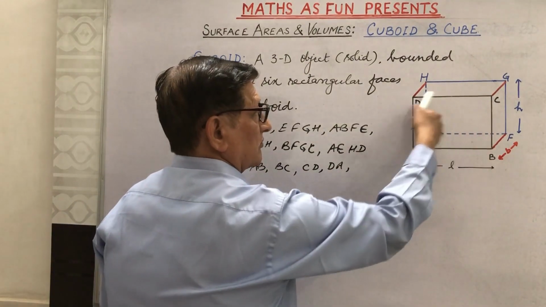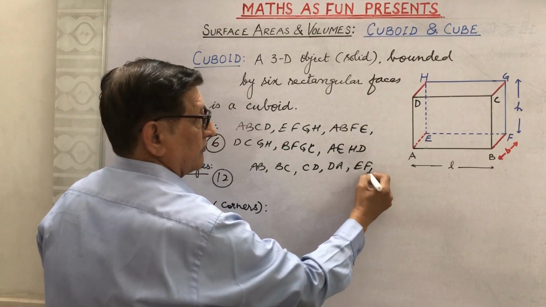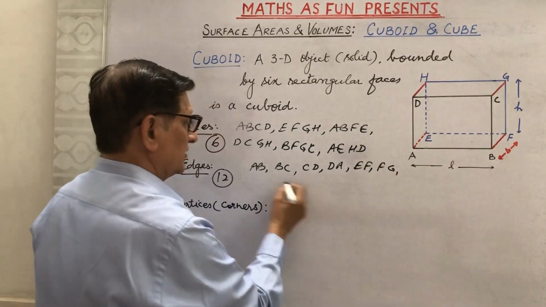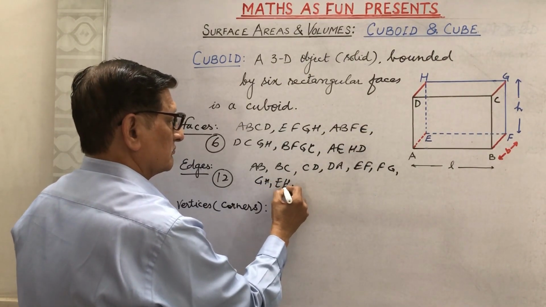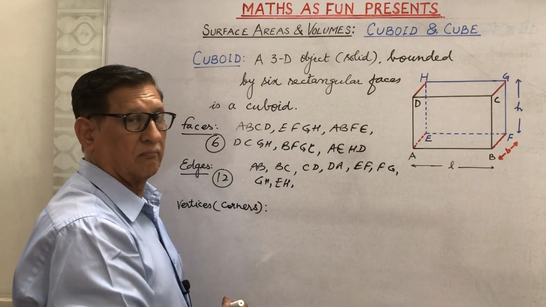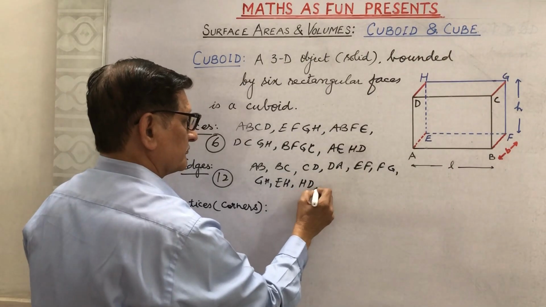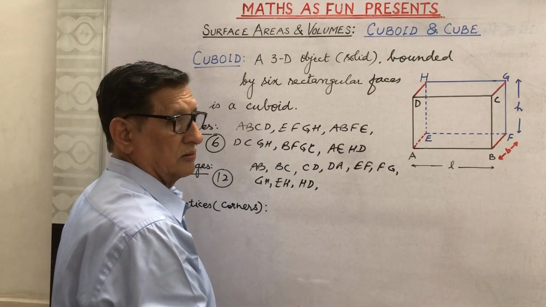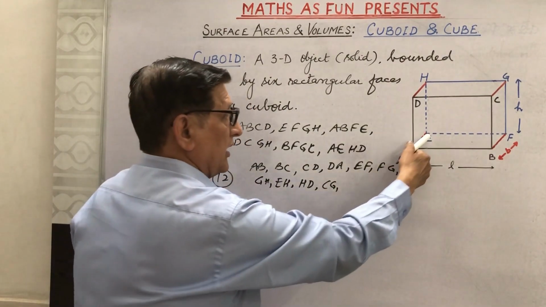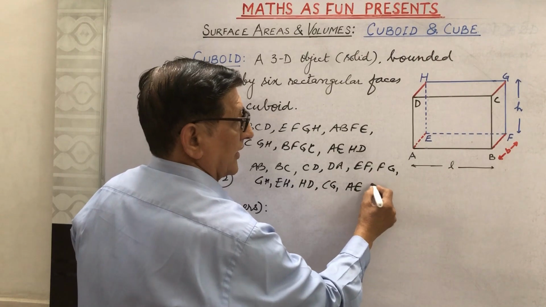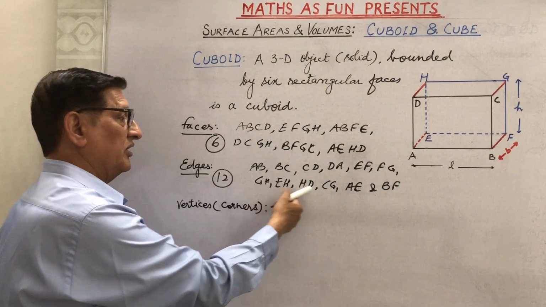These are 4 edges, 4 edges at the back: EF, FG, GH and EH. 4 on these sides: HD, CG, AE and BF. So these are the 12 edges we have.